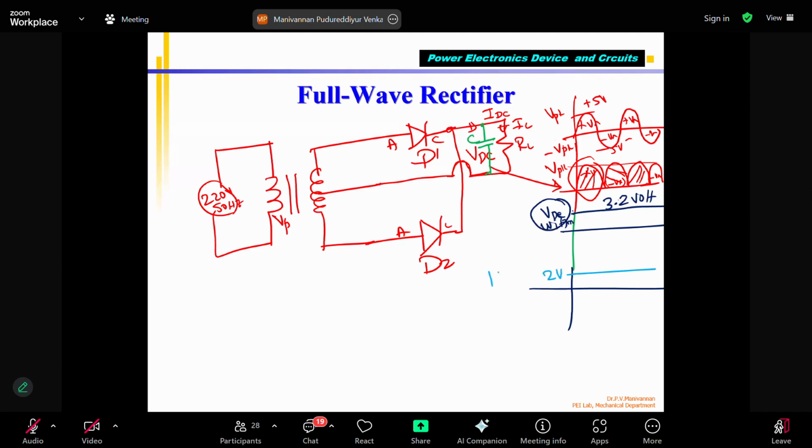This is VDC with load, where VS, the secondary voltage drop, is equal to, for example, 0.5 volts, and VD, the diode voltage, equals 0.7 volts. These two should be added and subtracted from 3.2, then you will get VDC with load. So please say this is called the average. This is how you compute. Okay. Now that you know.